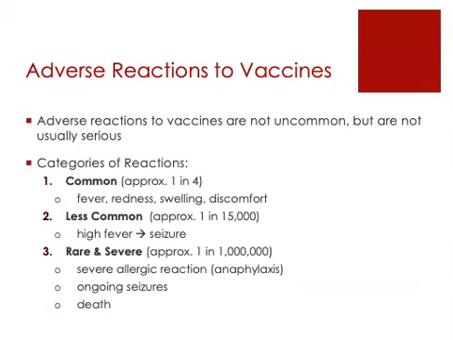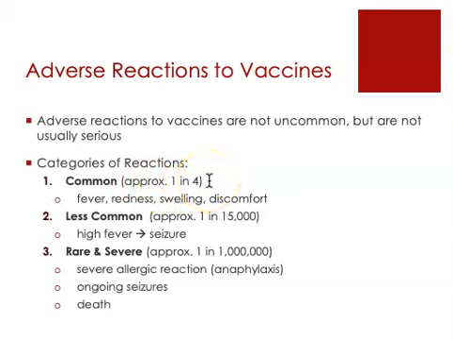The government collects data about adverse vaccine reactions and groups them into one of three categories. There's what we call the common adverse reactions, the less common, and the rare and severe. In the first group, the common reactions, we expect to see these in about 1 out of 4 people who are vaccinated.